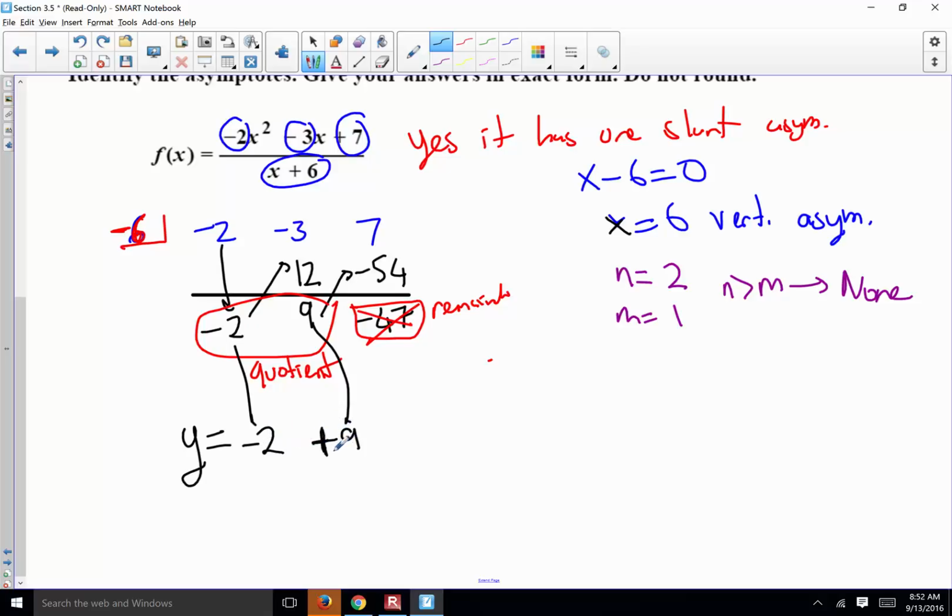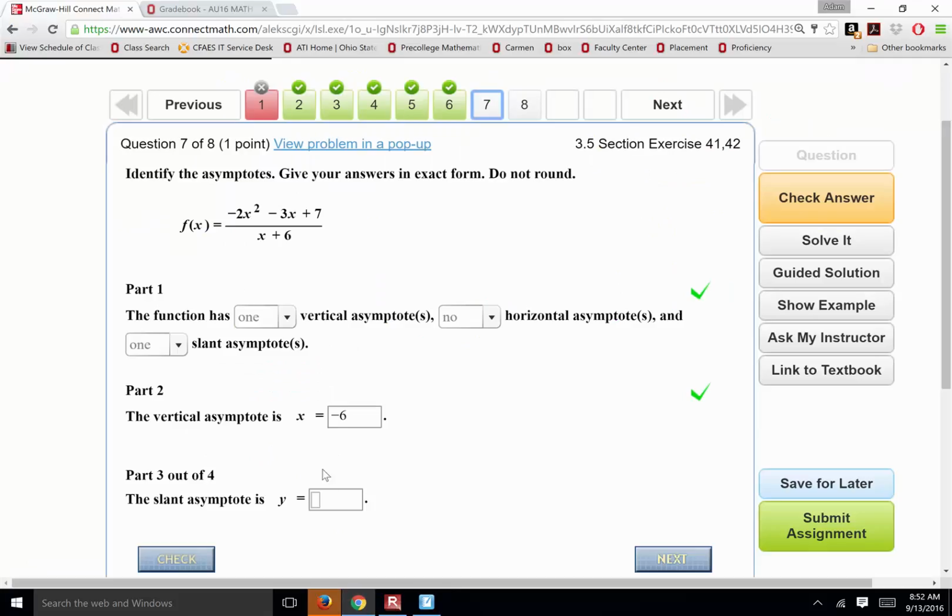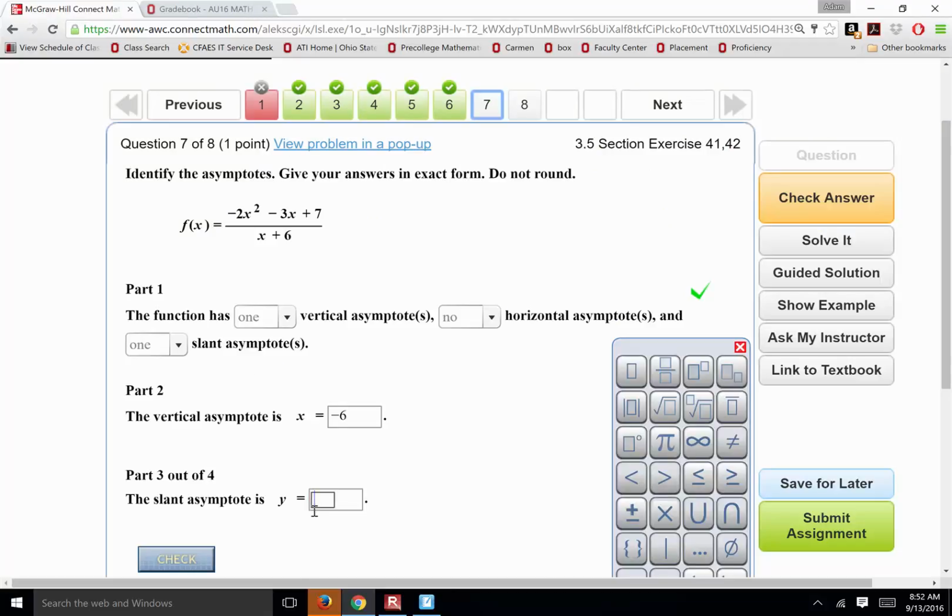That's it, minus 2x plus 9. That's your slant asymptote. When you graph minus 2x plus 9 and you graph this function, they will almost go side by side towards the far right and left ends.